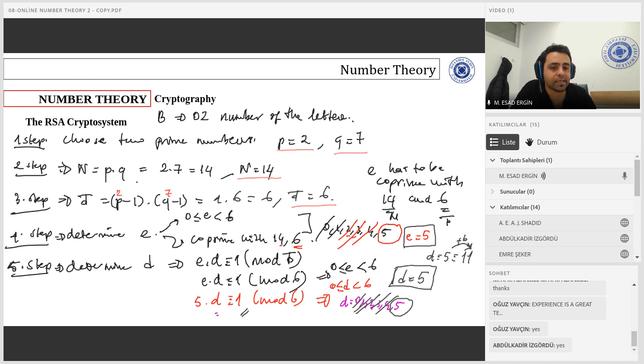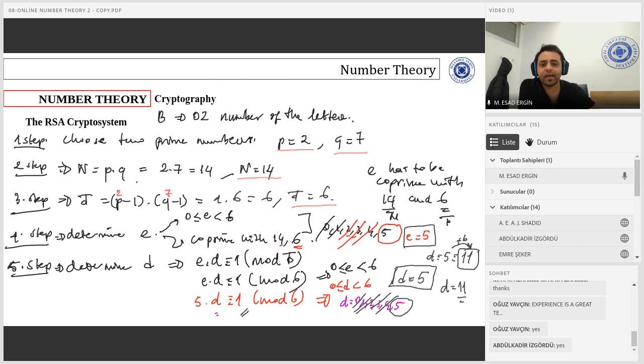I'm going to use 11 for D because it is the same. I'm just going to show the difference between E and D. That's why I choose 11. I may choose 5 too, but in further examples and exercises you are going to see different questions too.